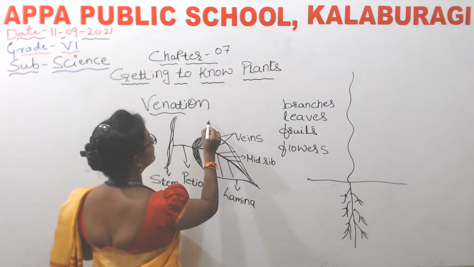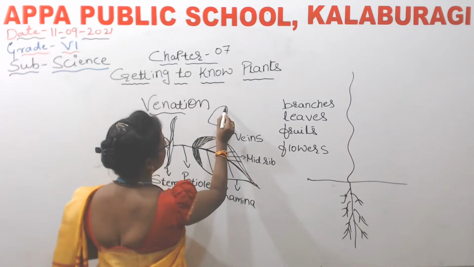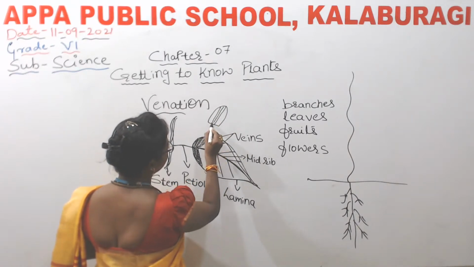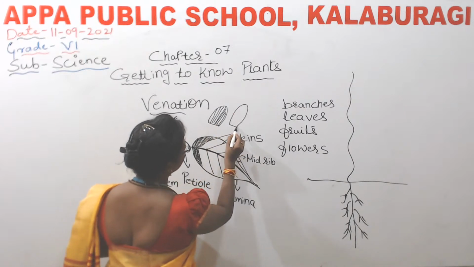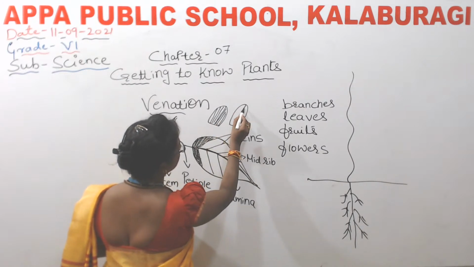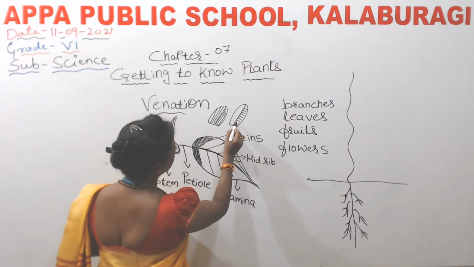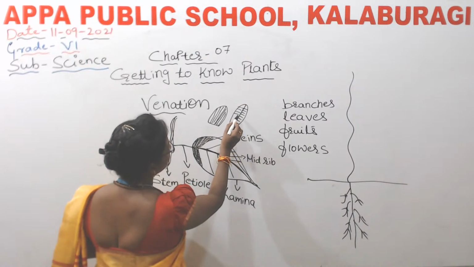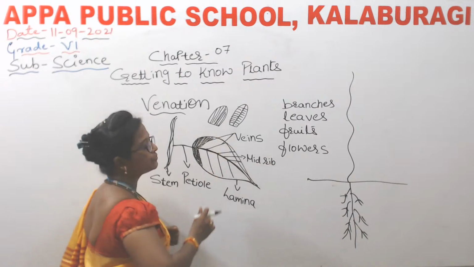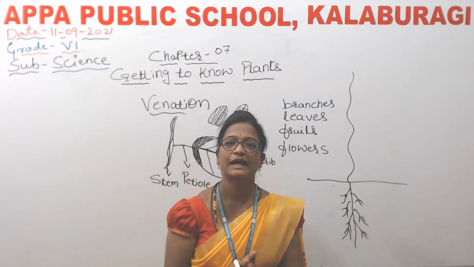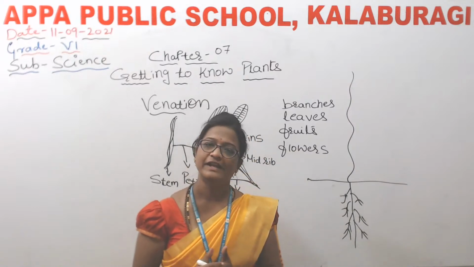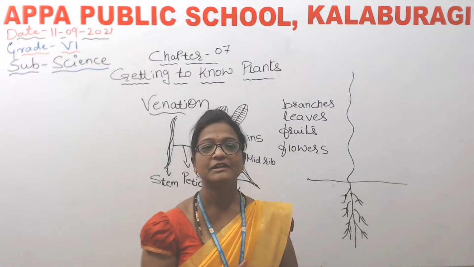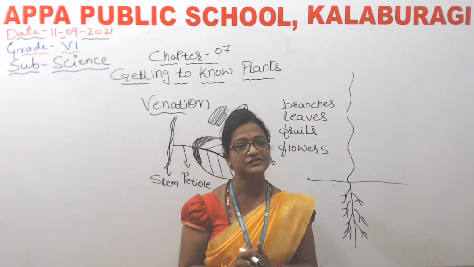And if the veins on a leaf are parallel to each other, then those leaves have parallel leaf venation.